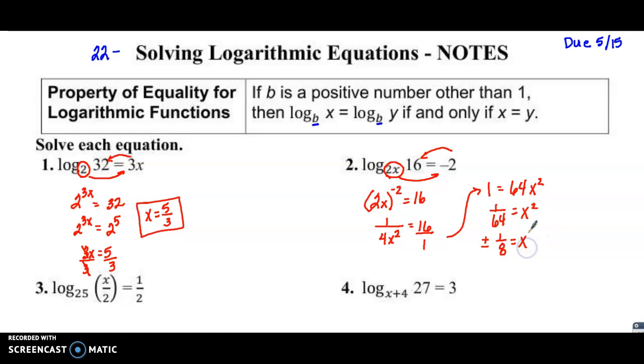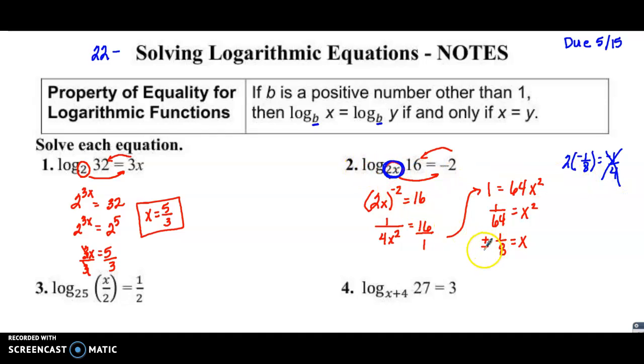Now notice in the problems before it did tell us to check, because remember this value for b must be positive and not equal to 1. So notice if my b value is 2x and I have negative 1/8 specifically, 2 times a negative 1/8 gives me a negative 1/4, and that's not a valid number for a log base.